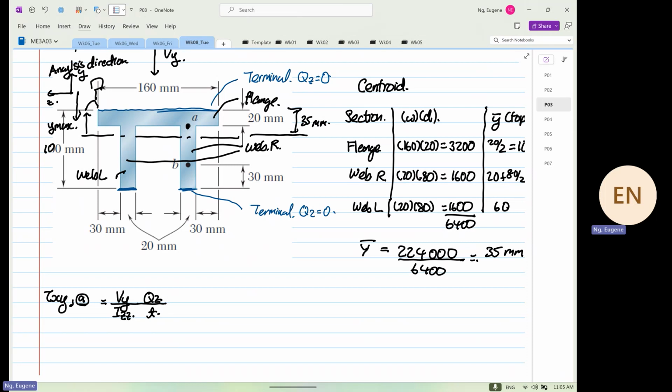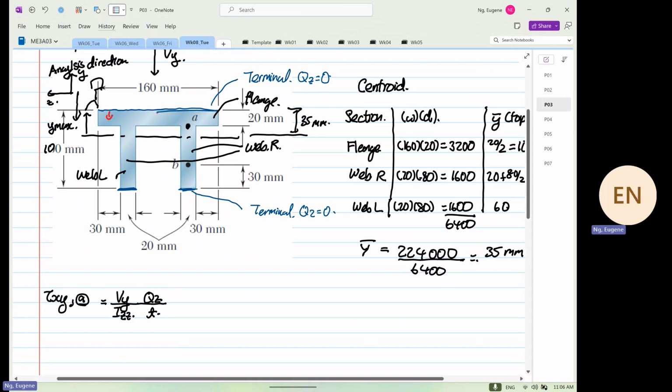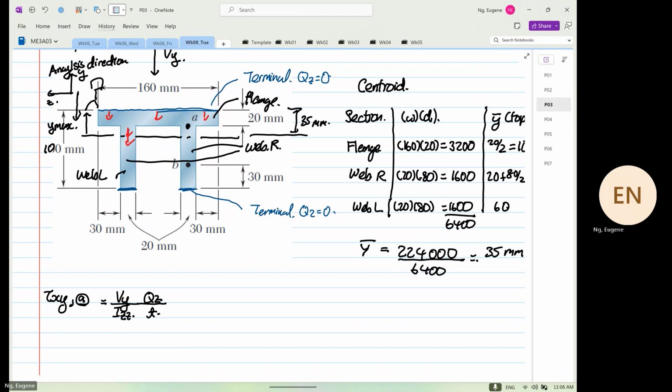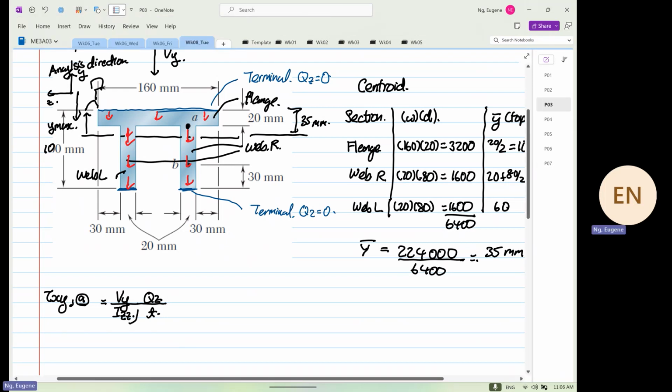So from here, we can start sketching how the shear flow looks like, okay? So the shear flow looks like this. So this is how the shear flow looks like. So we know that this is what?